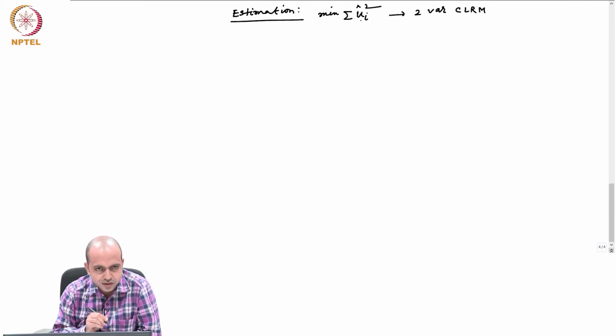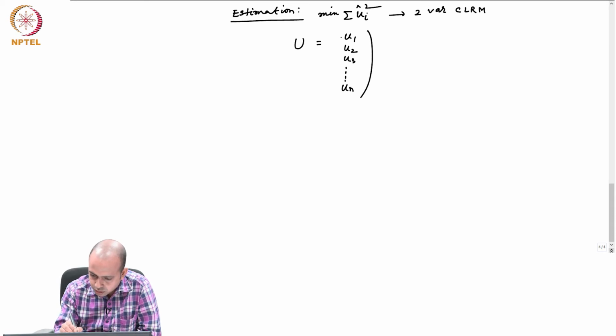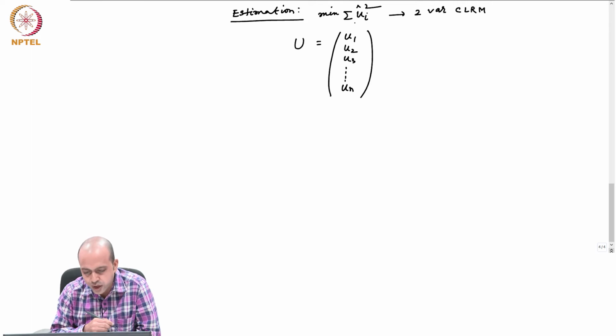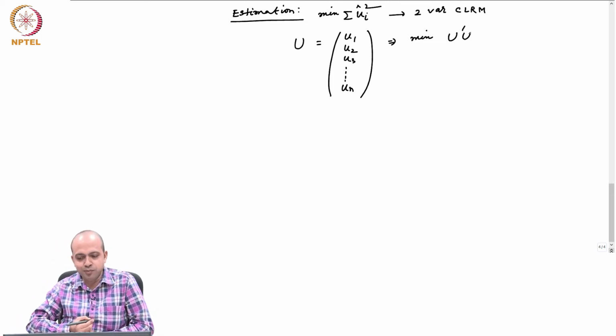Here our u is basically u1, u2, u3, dot dot dot un. To get a similar expression to ui hat square, instead of the summation of ui hat square, we should minimize u prime u.